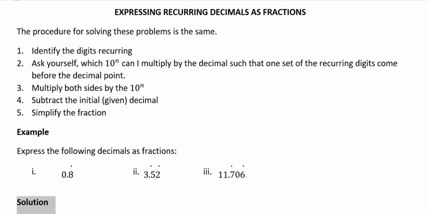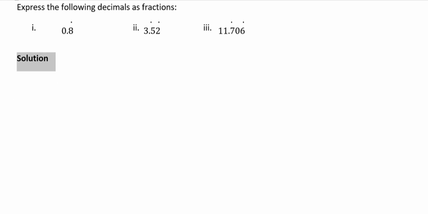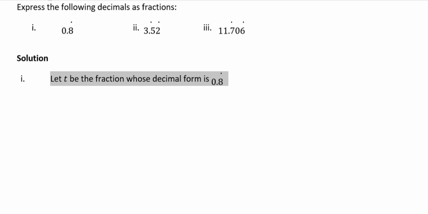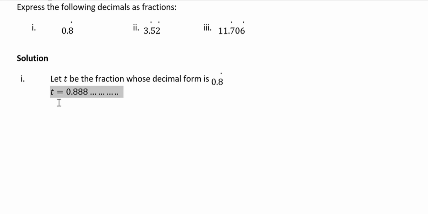So, solution. The first one, we say let any letter of your choice be the fraction whose decimal form is this number that we have here, 0.8 recurring. So that means our t is 0.8888 and it goes on like that. It never ends.